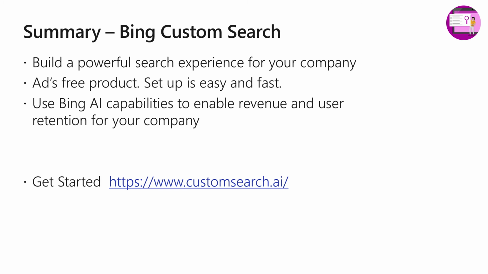With the Bing Custom Search product, you can build a powerful search experience for your company. It's an ads-free product. Setting up custom search is super easy and quick. You can use the powerful Bing AI capabilities to enable revenue and user retention for your company. You will go to customsearch.ai, and with this V2, we are also launching flexible tier pricing, where if you just want the custom search web results, you can purchase the specific tier.